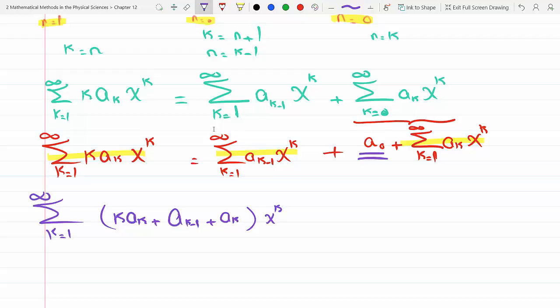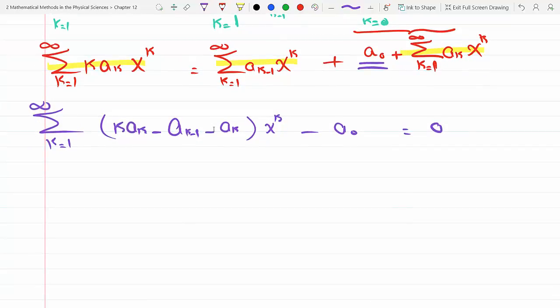Actually the second one is minus because I moved them to the left, so this is minus minus. I moved everything to the left or to the right depending on how you think of it. Minus a0 equals 0.